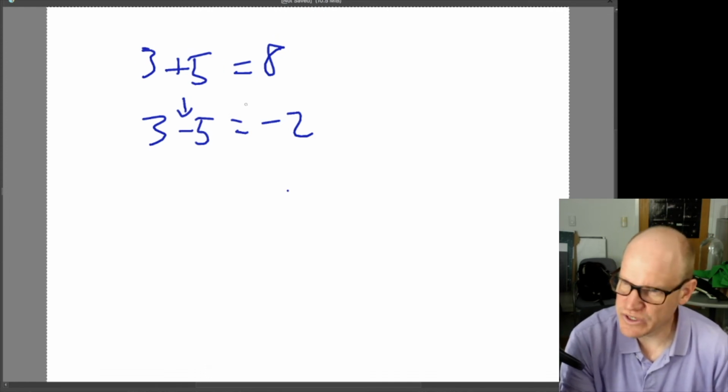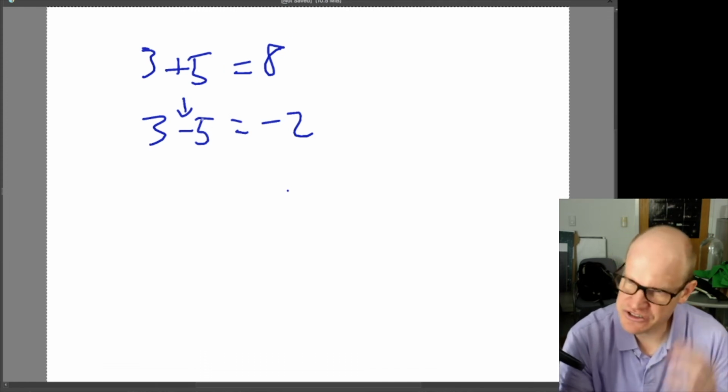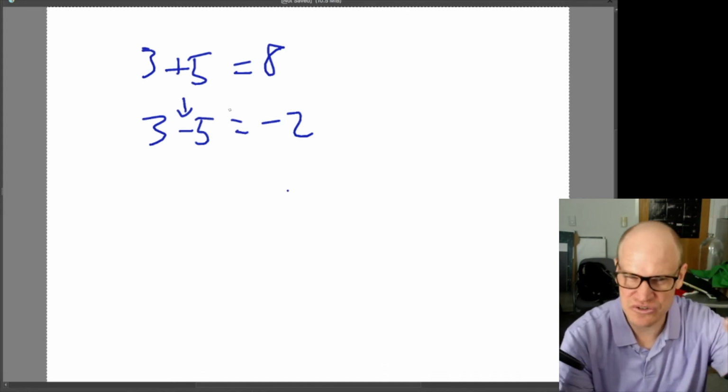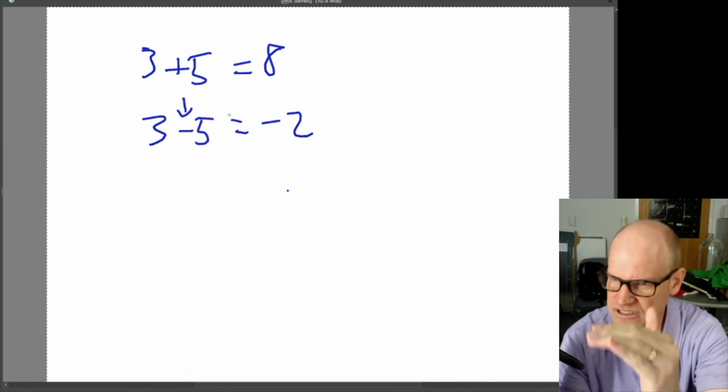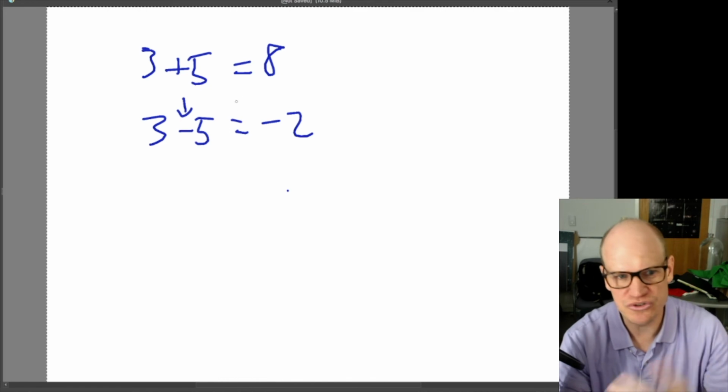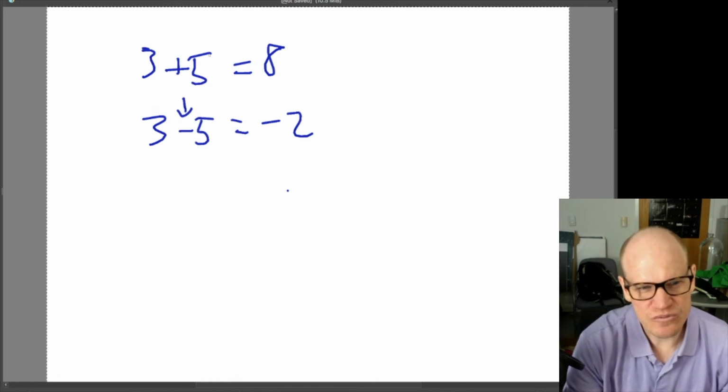One of the things that's weird about having subtraction be its own binary operation, and I think it probably leads to several mistakes further down the line. So keeping it simple at the beginning actually makes it worse later. I'm going to claim that that's true, and because I'm a physicist, that means it must be true. With addition, addition is commutative. So 3 plus 5 is equal to 5 plus 3.